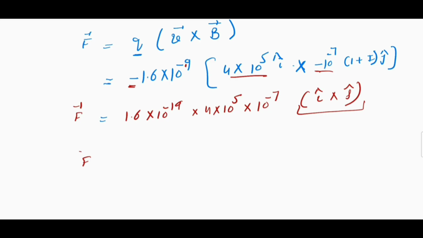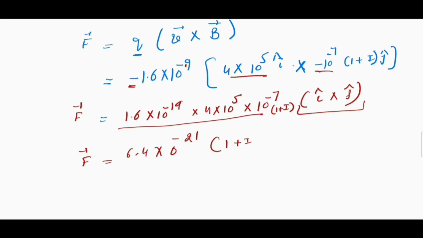So the force F, here it will come (1 plus I) also. If we solve all these things, we will get the force is equal to 6.4 into 10 raised to power minus 21 (1 plus I) k. This k is showing the direction of the force on the electron. It will be towards the z axis.